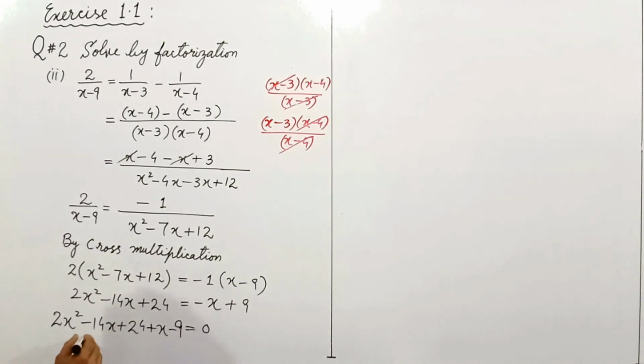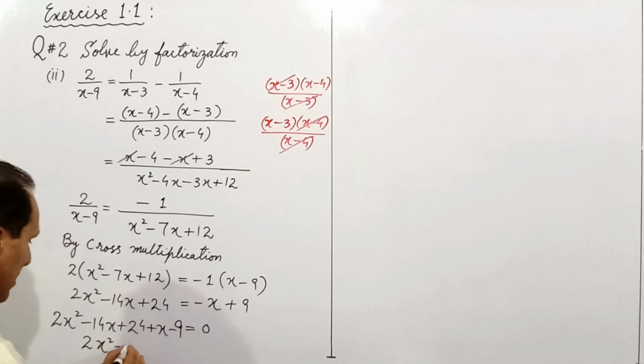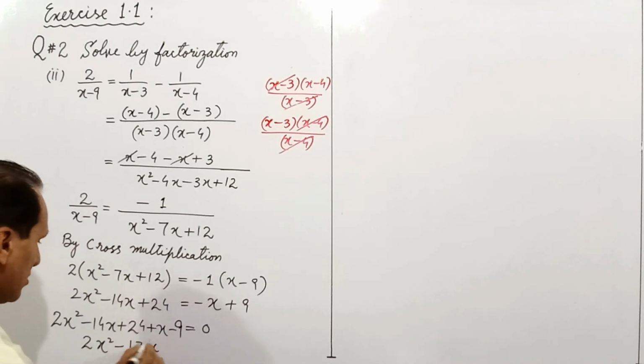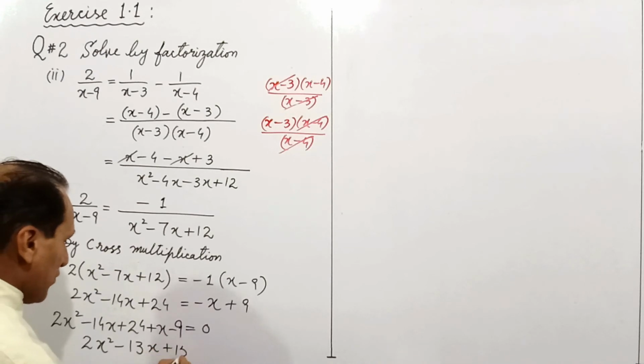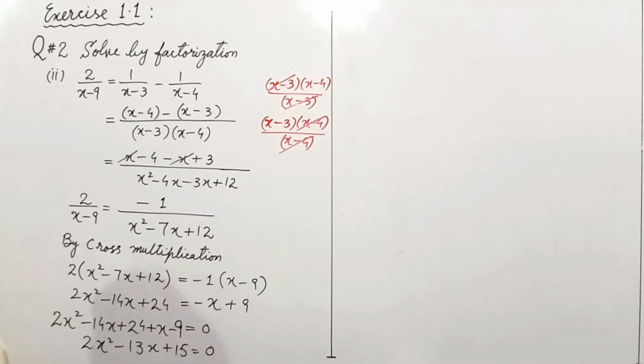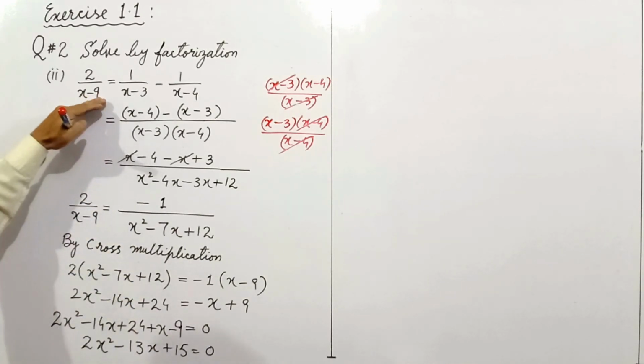Now we simplify it and we get 2x square minus 13x, 24 minus 9 is equal to plus 15, is equal to 0, and that is the standard form of the quadratic equation of the given equation we have.